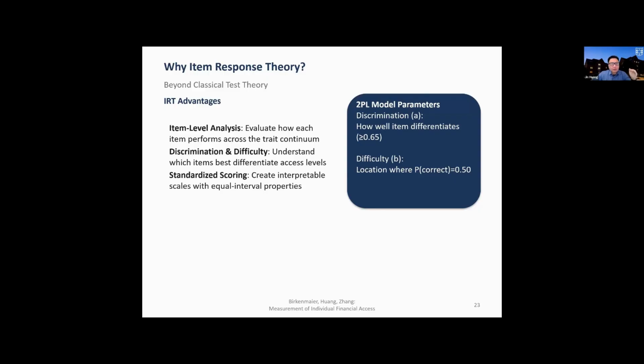And then discrimination: you can think of it as the magnifying power or the sharpness of the item. It tells us how well a specific item distinguishes between 2 respondents who are at slightly different levels of access.